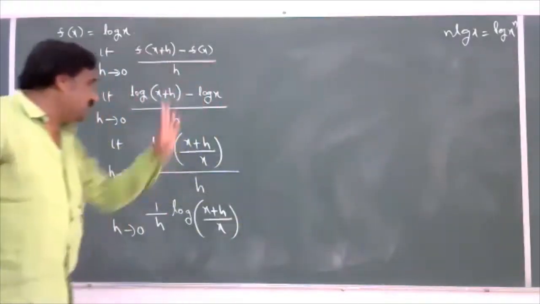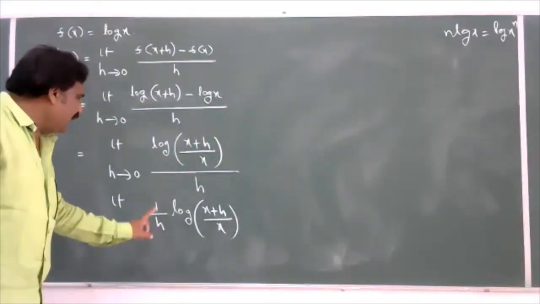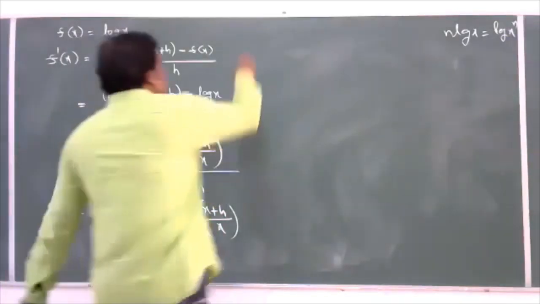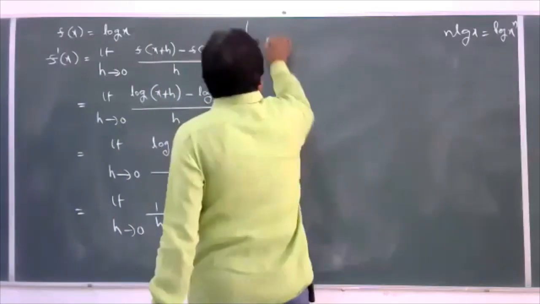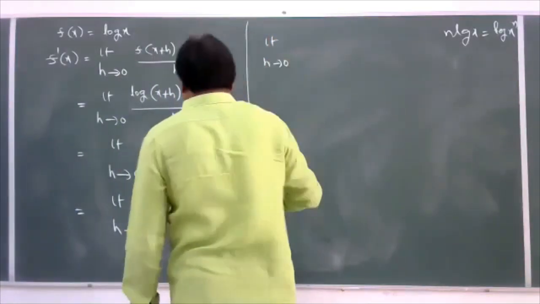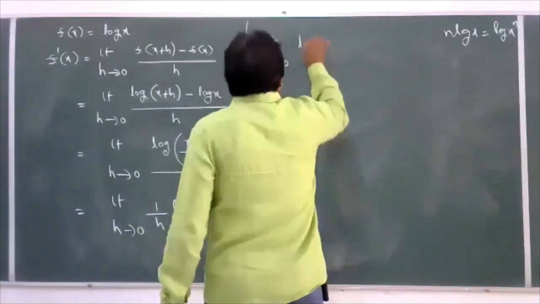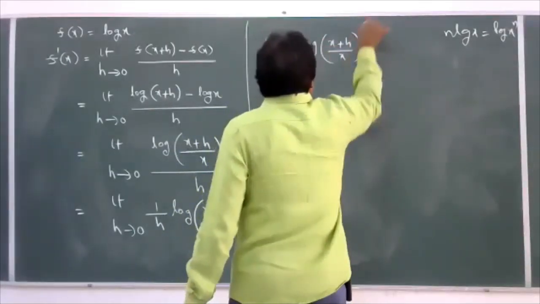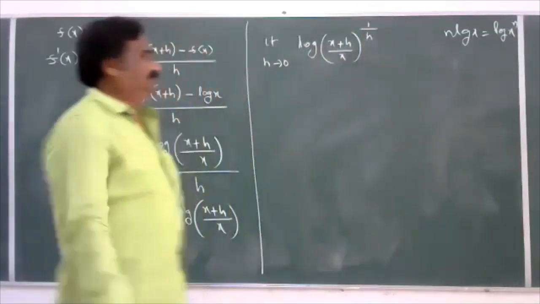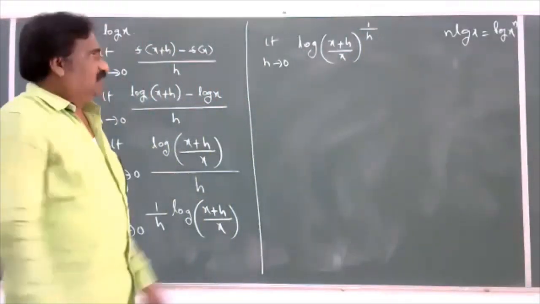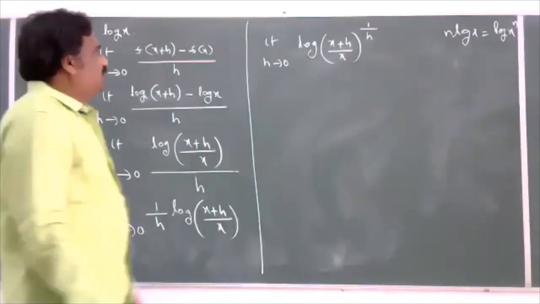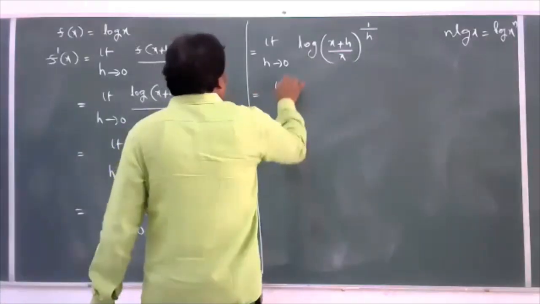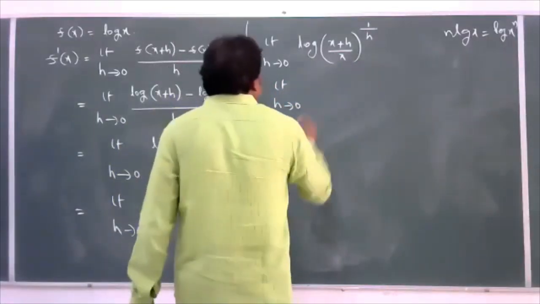By using the same formula here, 1 by h into log of x plus h by x is limit h tends to 0, log of x plus h by x whole power 1 by h.